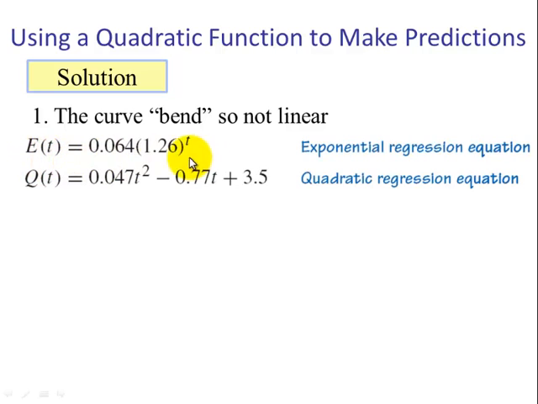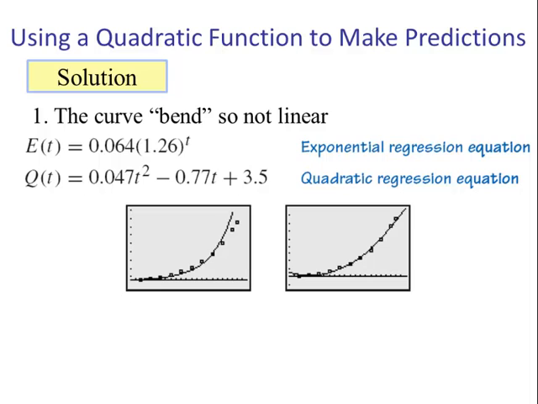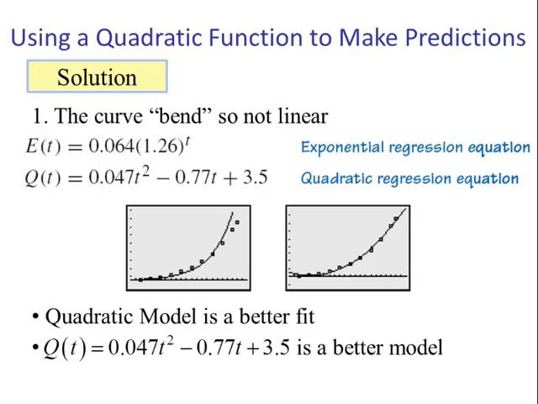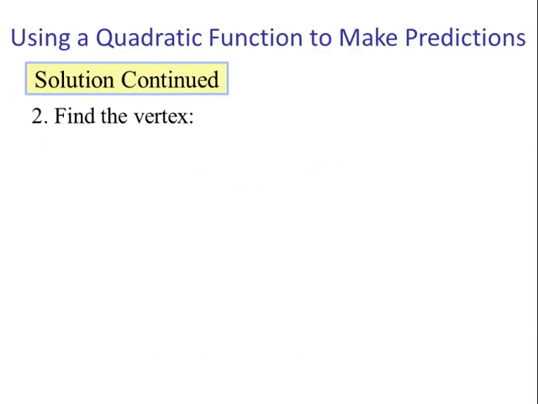The exponential model is this one, the quadratic model is this one, and by both R square and the picture, the quadratic model is a better fit. So that's the one that we're going to use. So we say Q of t equals 0.047 t squared minus 0.77 t plus 3.5 is the model for this situation.